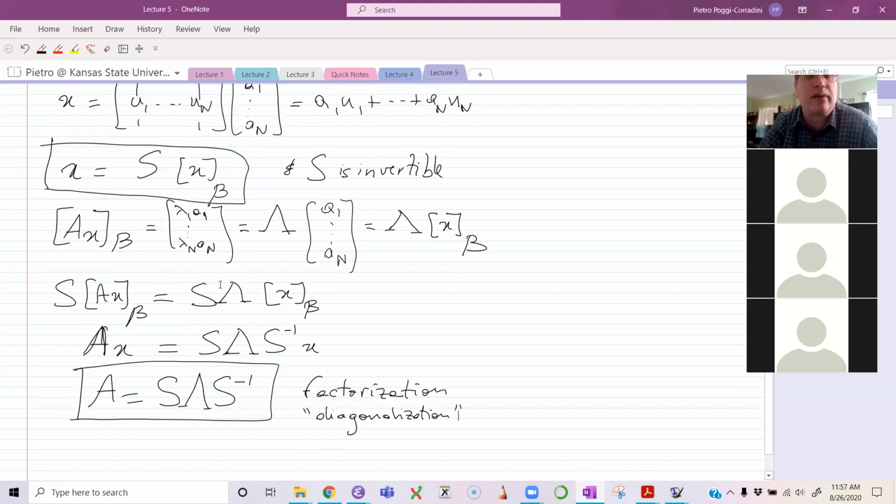And this fact that if you change coordinates, the matrix becomes diagonal makes more sense to me in a hands-on type of way. This is very compact, very nice, very useful, even in computations, but it can hide a little bit of the mechanics going on in the background.